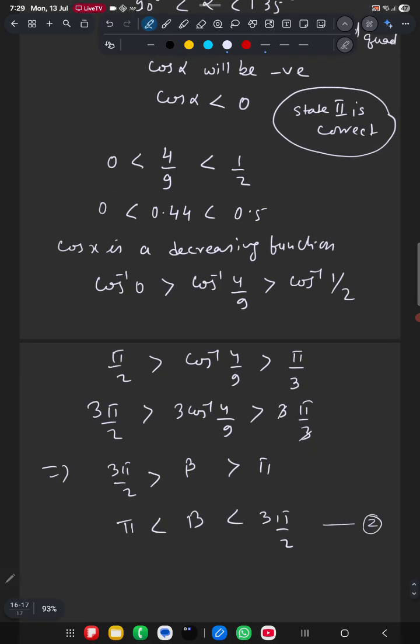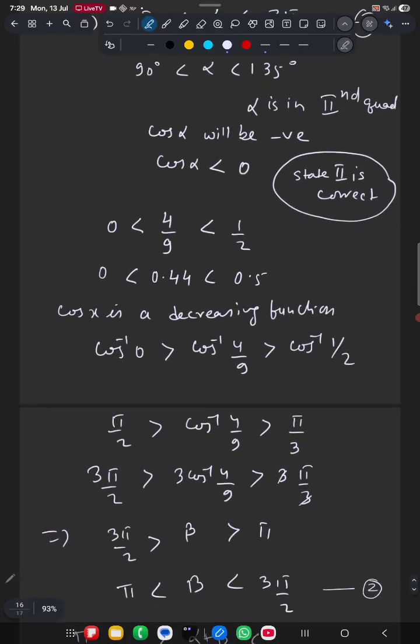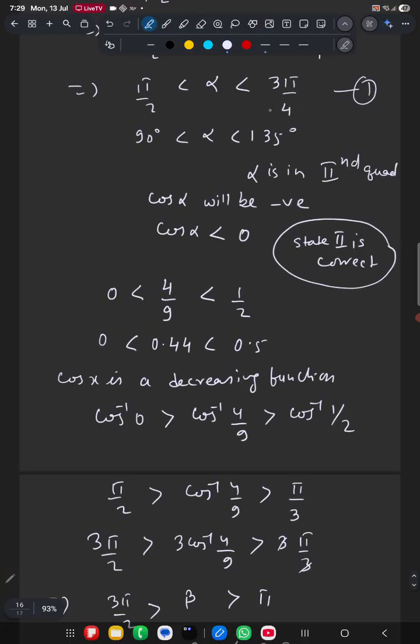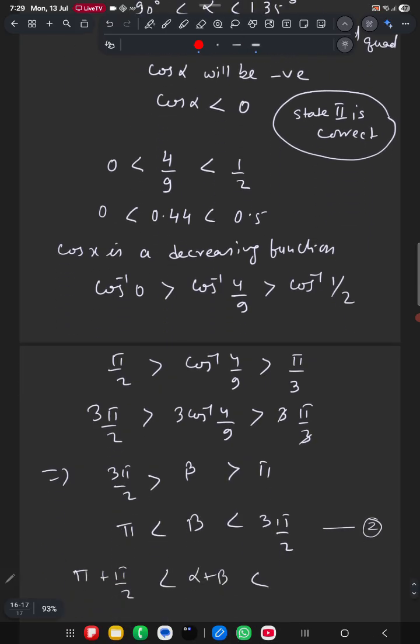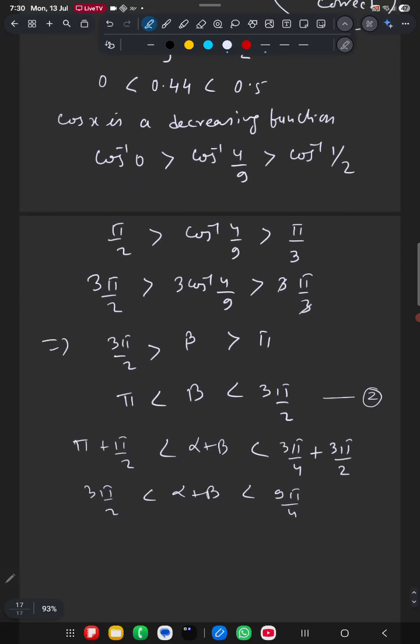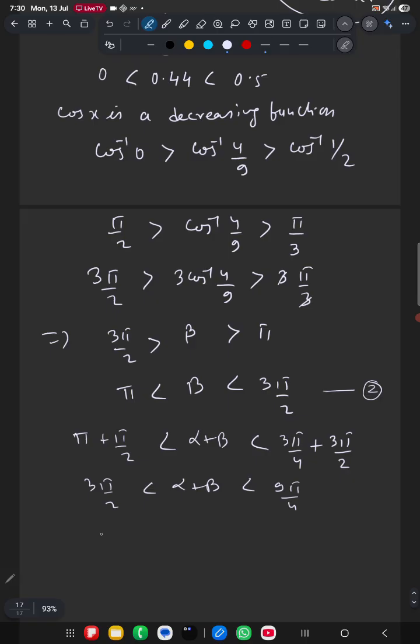When you add these two inequalities, you get alpha plus beta greater than pi by 2 plus pi, which is 3 pi by 2, and less than 3 pi by 4 plus 3 pi by 2, which is 9 pi by 4, by adding equations 1 and 2.